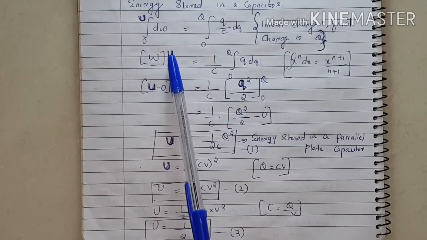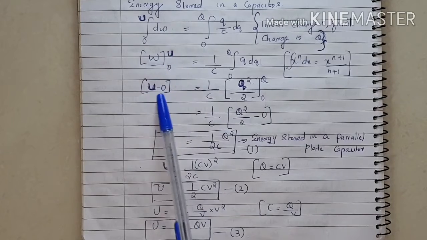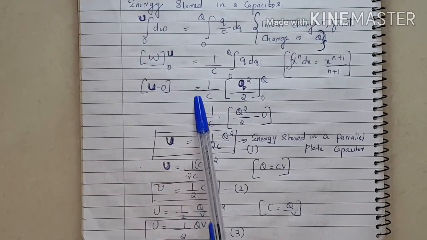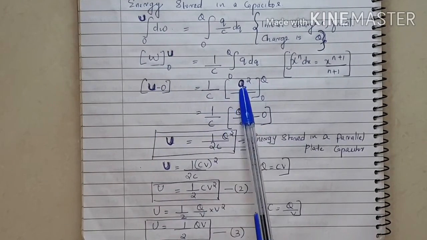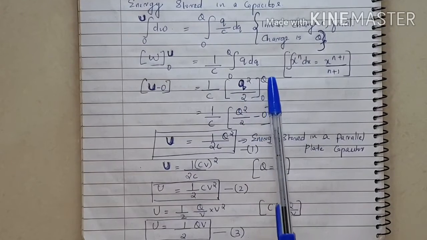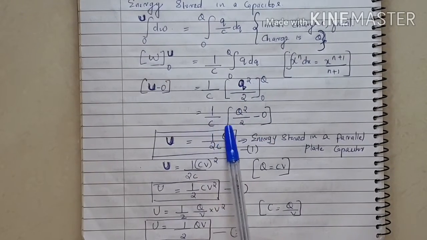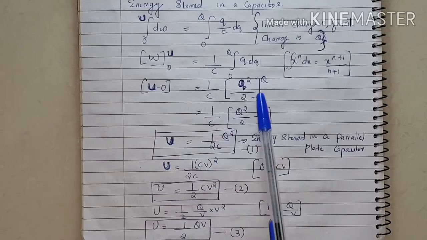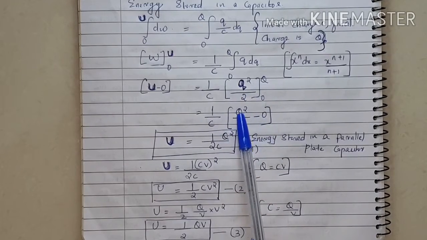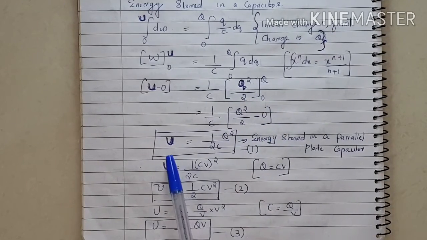So, U, that is upper limit minus lower limit, U minus 0 equals 1 by C, Q square by 2, 0 to Q. That is 1 by C, substituting upper limit and lower limit, Q square by 2 minus 0. So U becomes 1 by 2C Q square. This is the energy stored in a parallel plate capacitor.